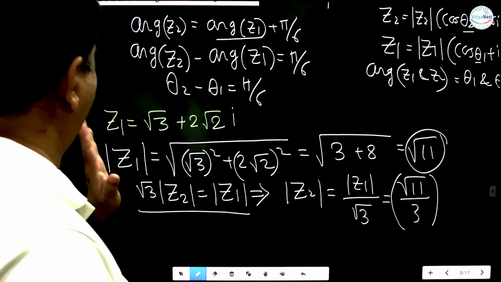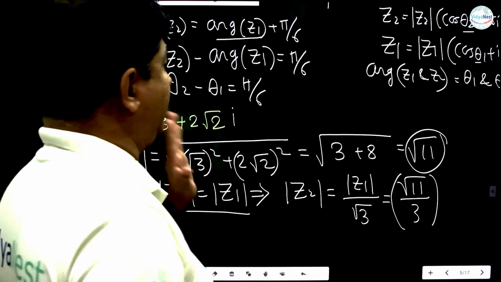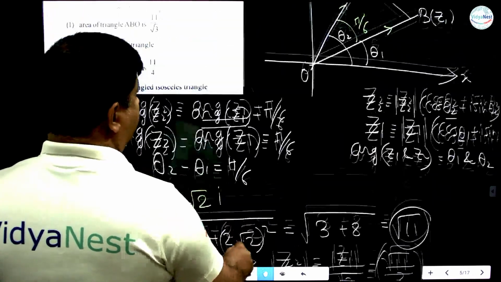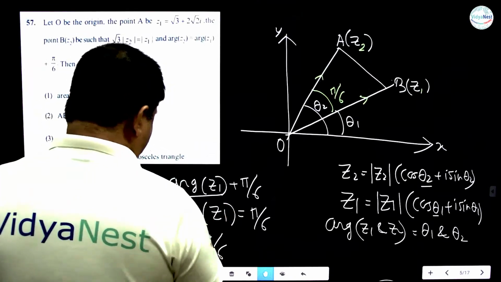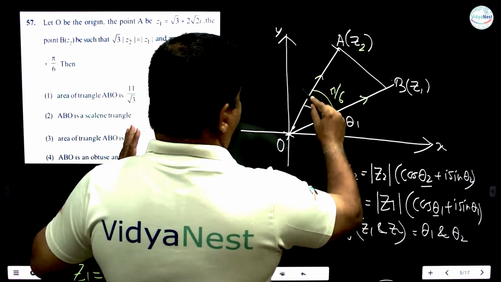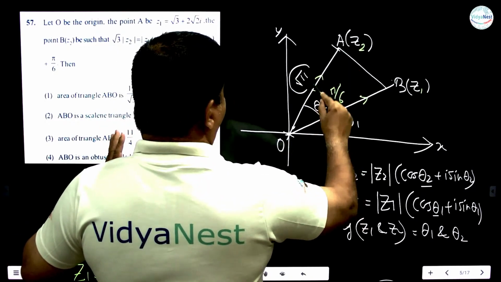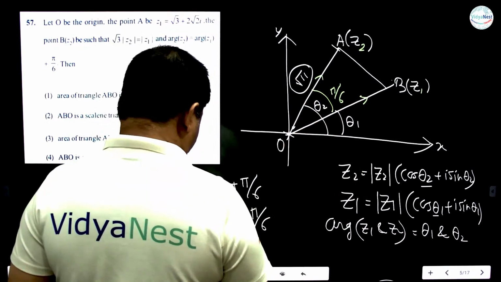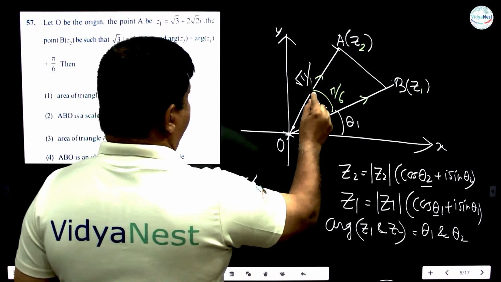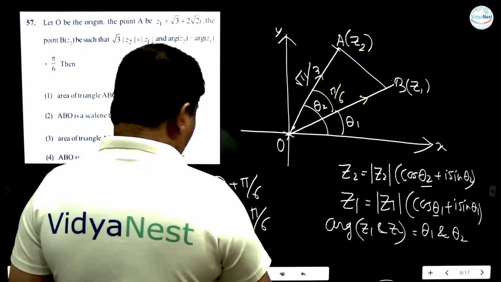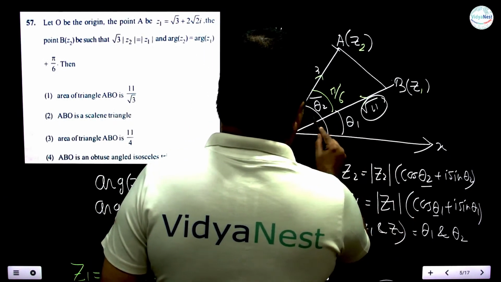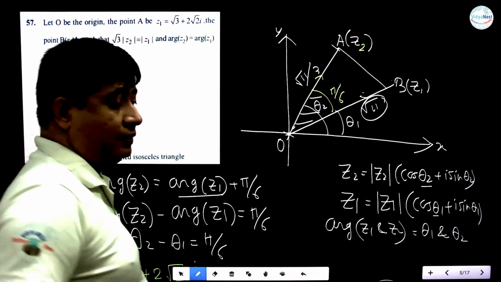So mod Z1 and mod Z2 both we have got. So till now what have we got? We have got the magnitude of this, √11/3. We have got the magnitude of this, √11, and we have got the angle between these two sides.